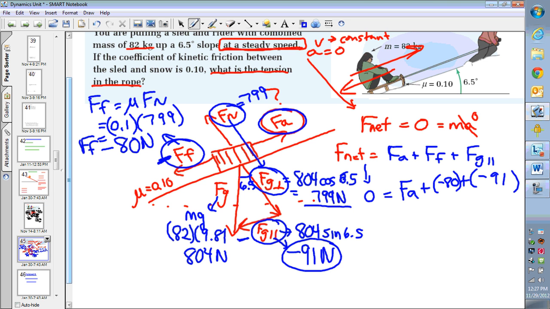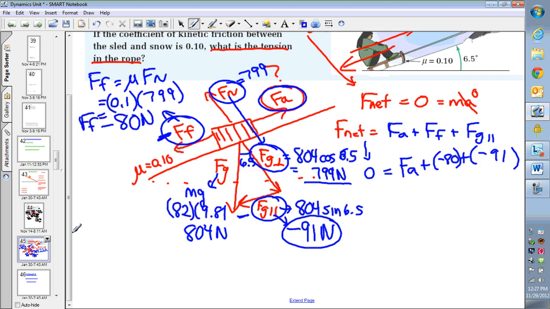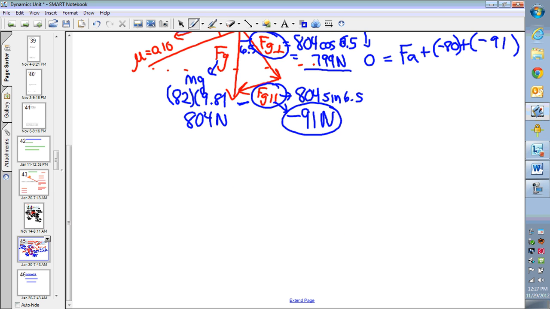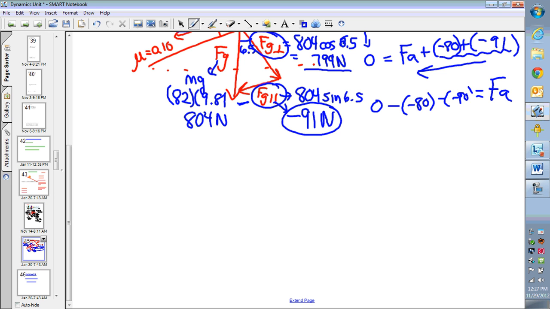So I'll put negative 80 in here. So we can figure out the applied force by taking these two terms to the other side and subtracting them. So FA equals 0 minus a negative 80 minus a negative 91. So those all become positives. 80 plus, I changed that to 90, should be 91, my apologies. 80 plus 91 will give us our applied force.